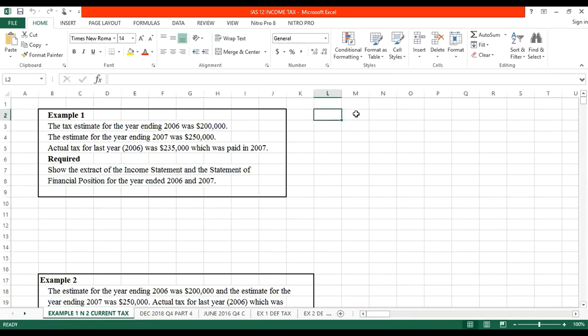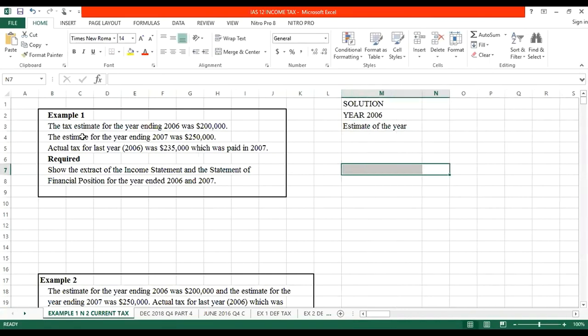So in this question, you have been asked for two years, 2006 and 2007. So let me start with 2006. Year 2006. In year 2006, I'll start with what is the estimate of the year.